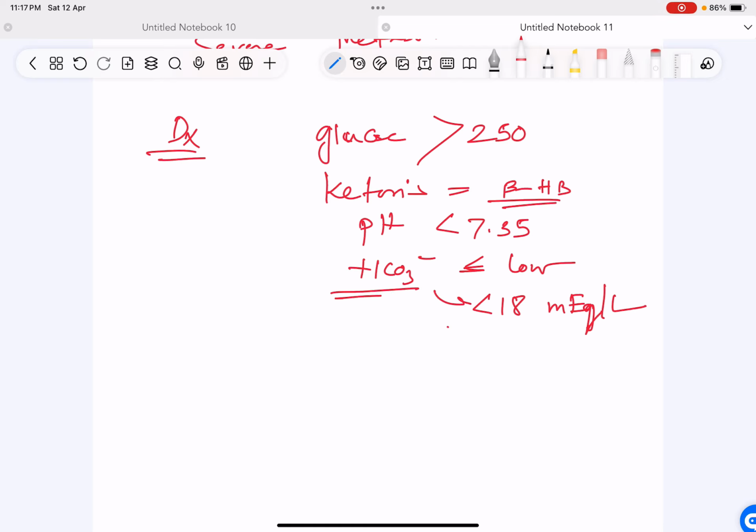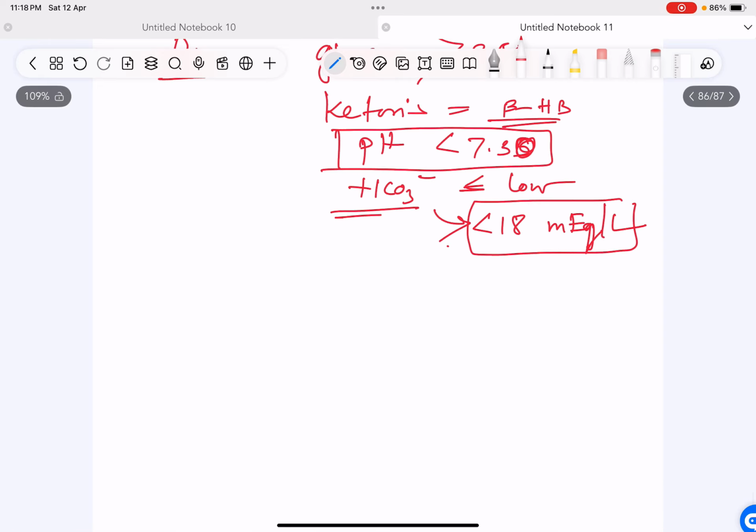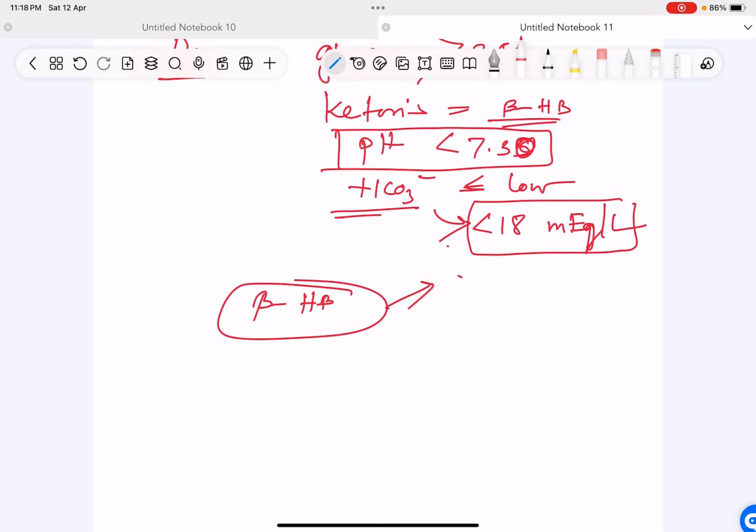To diagnose DKA, pH should be less than 7.30. Ketone bodies must be present, especially beta hydroxybutyric acid. You can detect it both in urine and serum, preferably serum.